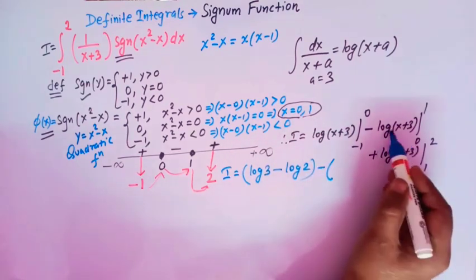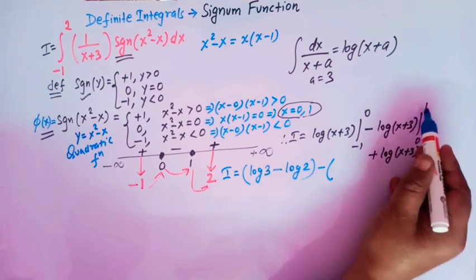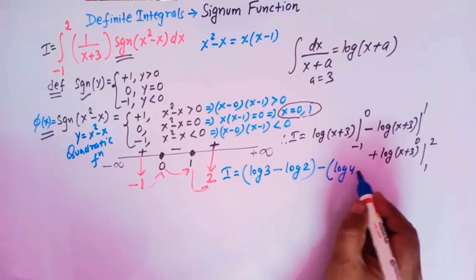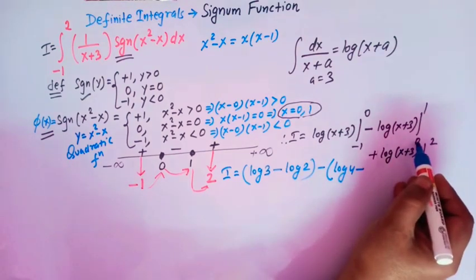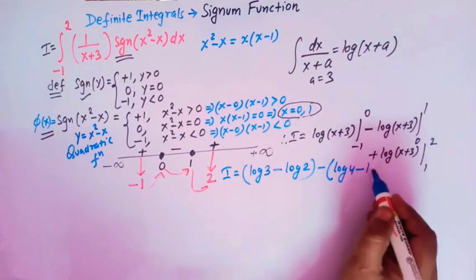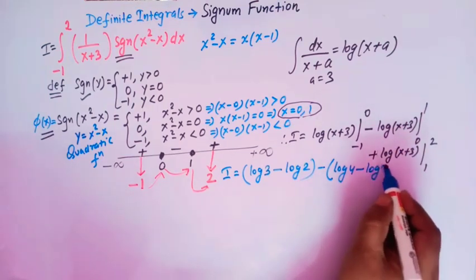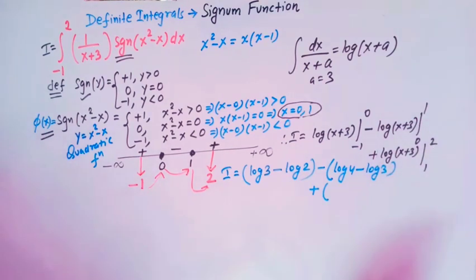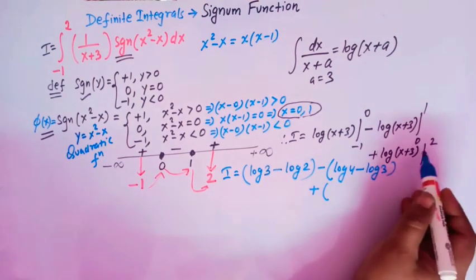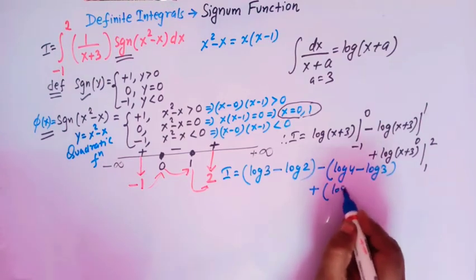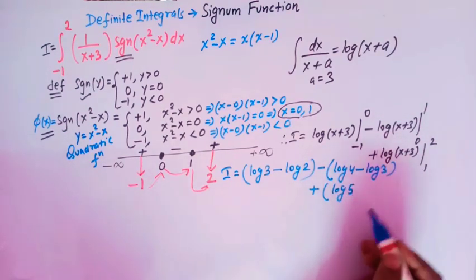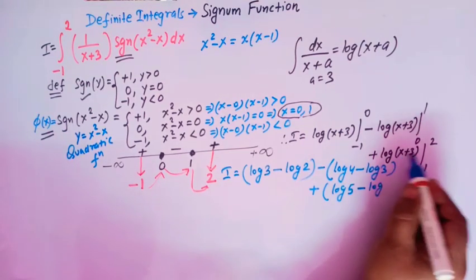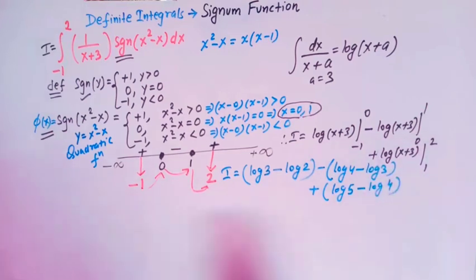In the second term, when x is equal to 1, we have log of 1 plus 3, that is 4, minus, when x is 0, 0 plus 3 is 3, so log of 3, right? And then when x is equal to 2, we have log of 2 plus 3, that is 5, minus, when x is 1, log of 1 plus 3, that is 4, right?